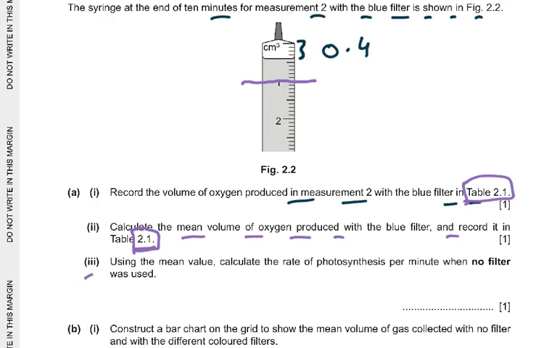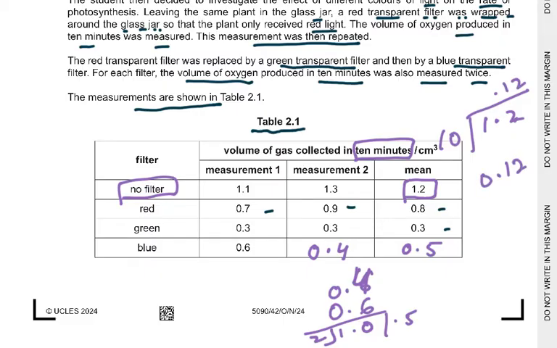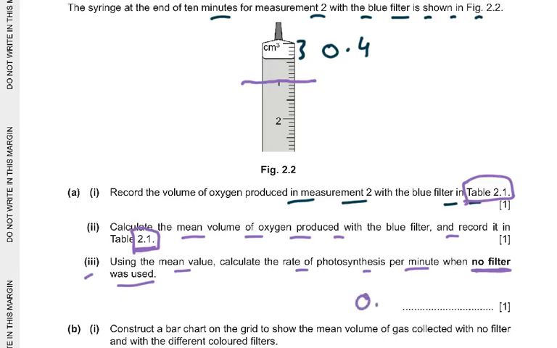Then it says using the mean value, calculate the rate of photosynthesis per minute when no filter was used. Now, when no filter was used is this one, and the mean was 1.2, and we calculated that in 10 minutes. Rate is always per unit time. So 1.2 divided by 10, and this is 0.12. 0.12 would be the answer, but this 0.12 will not get you the rate.